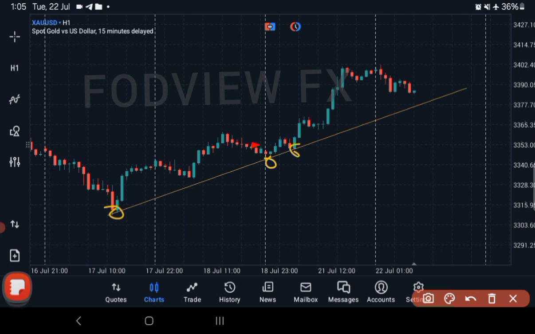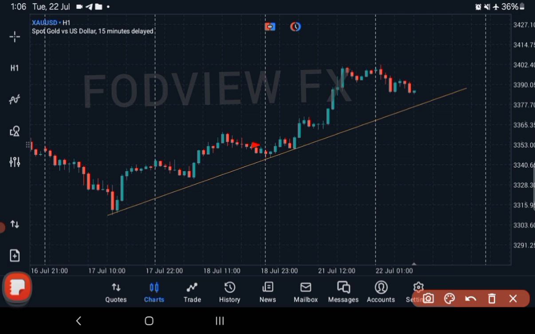Here is an opportunity to go long, join the movement, to buy and make money out of gold. Now gold is still approaching this trend line. It's been on a pullback, so there's another opportunity to catch a trade on gold.